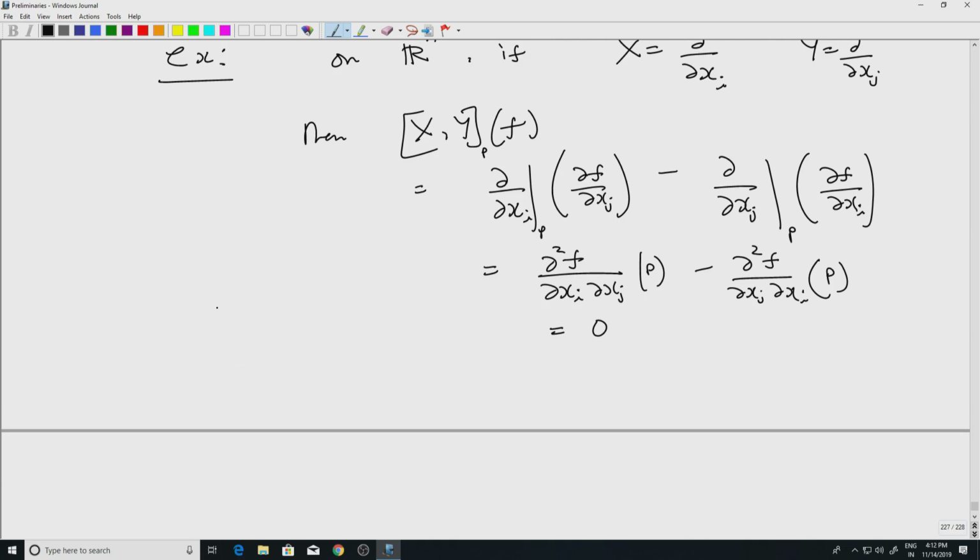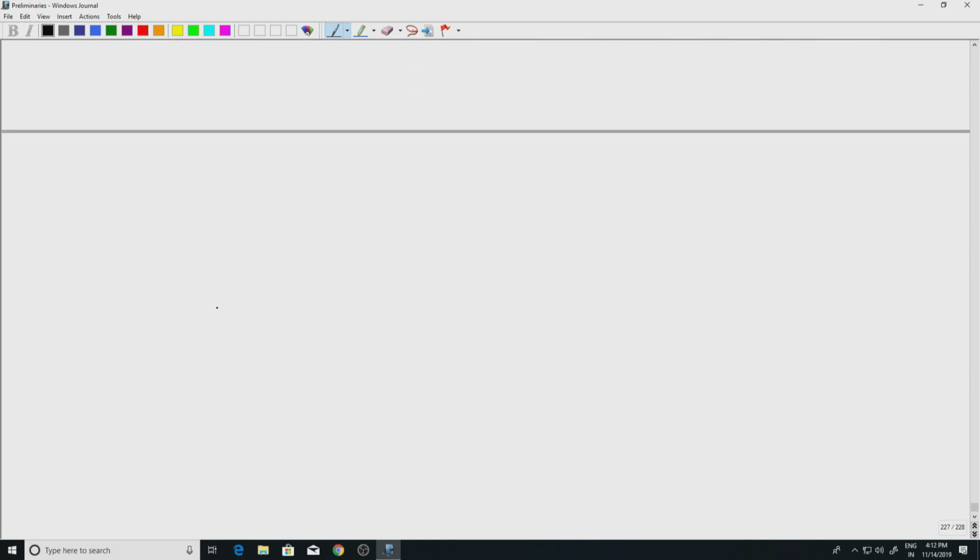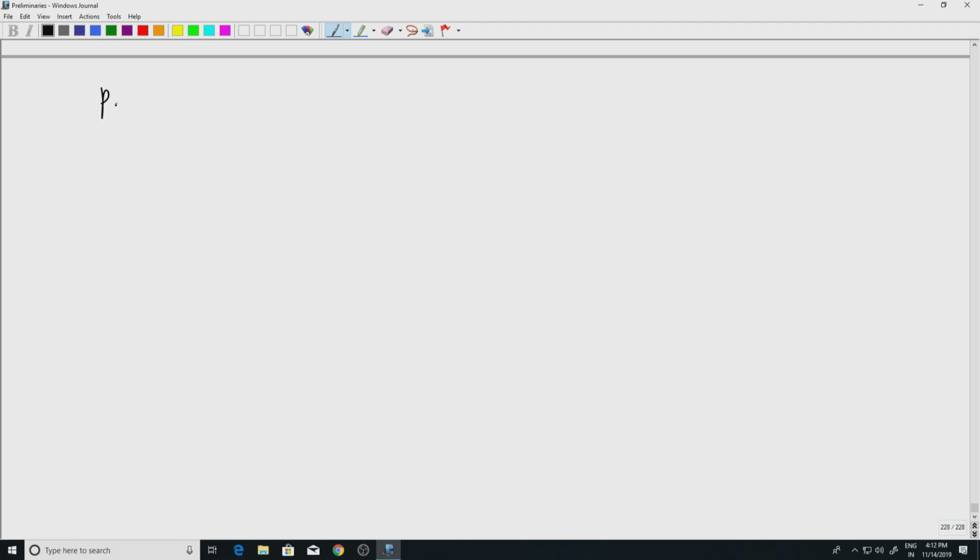Well, the significance of this I'll come back to later, but for now I need one proposition. Let f from M to N be a smooth map.